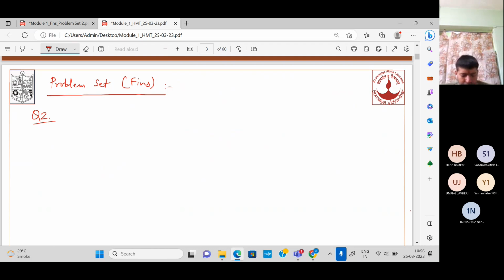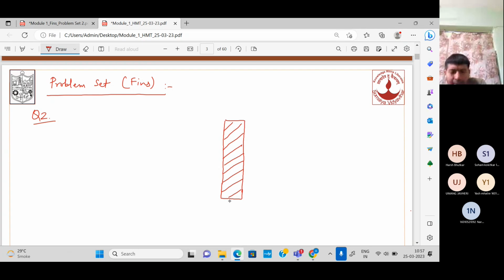Two long rods are there having the same diameter. First of all, we'll draw the diagram. Two long rods are there. Suppose this is a wall. We have taken two long rods of the same diameter.